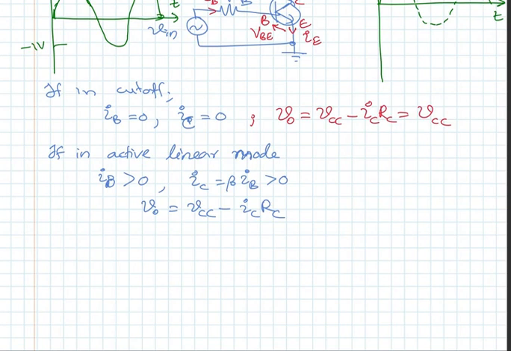Now this time IC is not 0, so it is equal to VCC minus beta IB times RC.